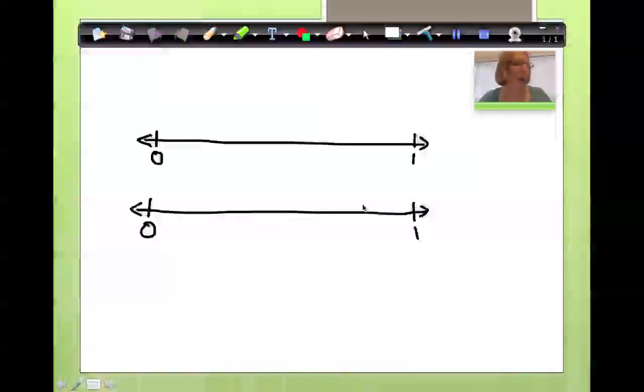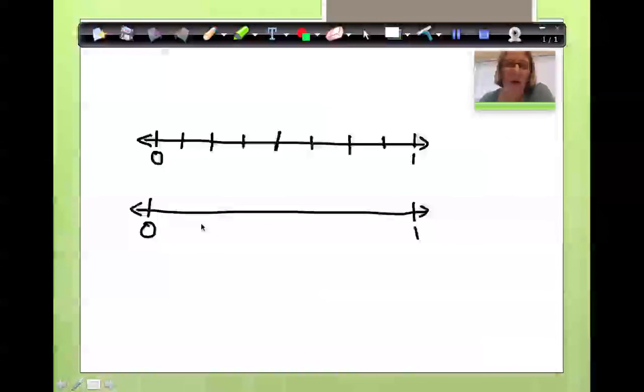Okay, now the first number line we are going to cut into 8ths. Here we go. Cut my half. Whoops, not very straight. Cut my halves in half. It gives me 4ths. Cut my 4ths in half. That gives me 8ths.